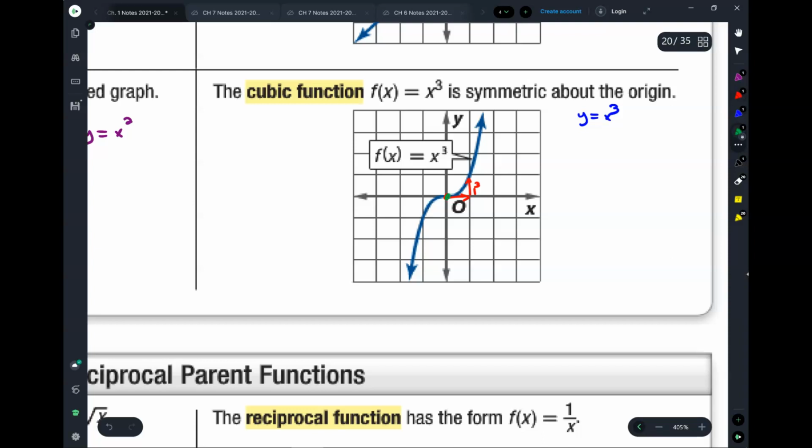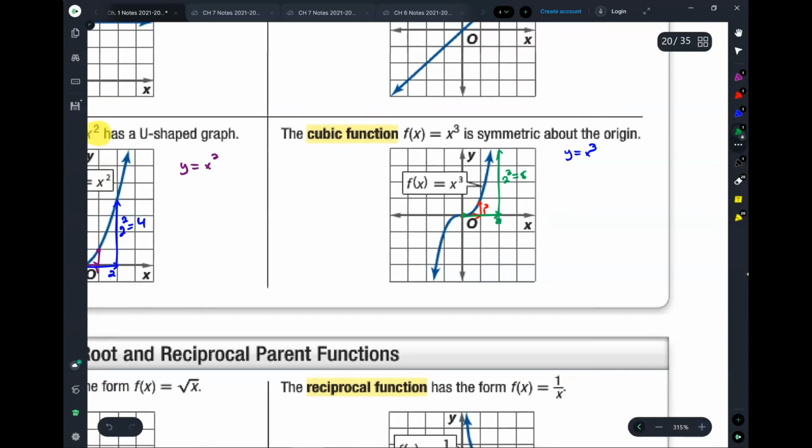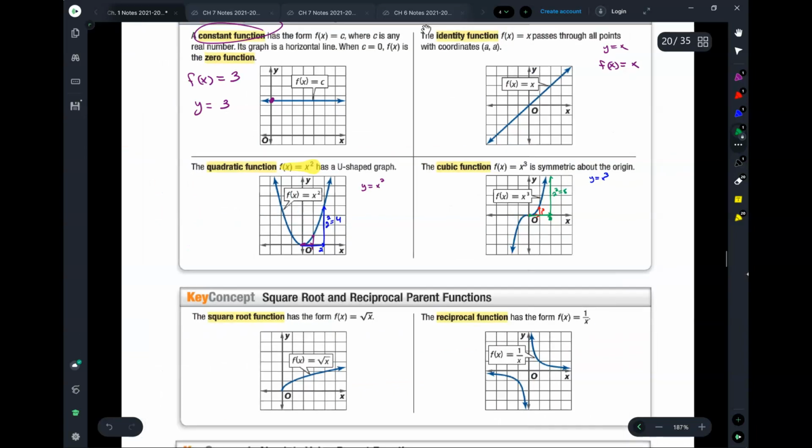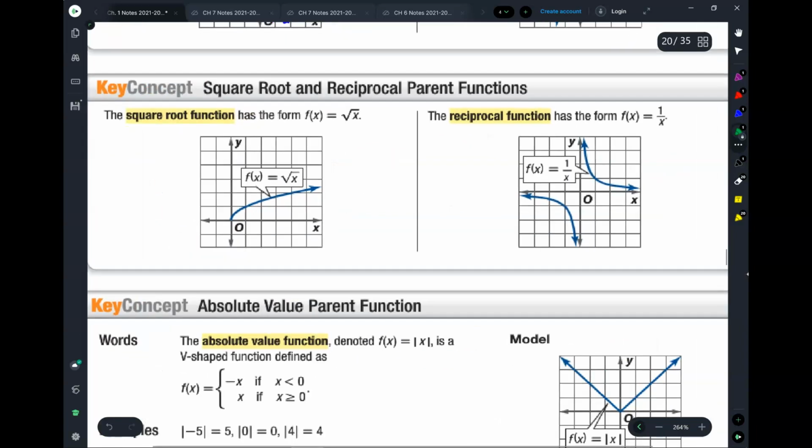From this, if I go over to the right 2, I go up 2 cubed, which is 8. So that's how the graphs are different. I'm just introducing this, and when we graph later, we're going to do them over and over again, so it'll sink in. Next I have a square root function.